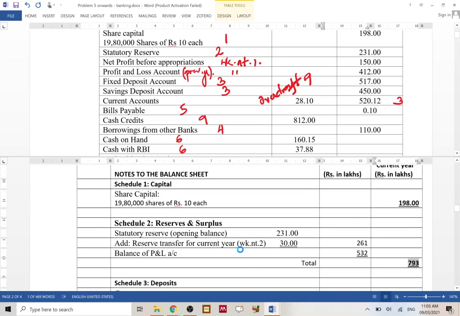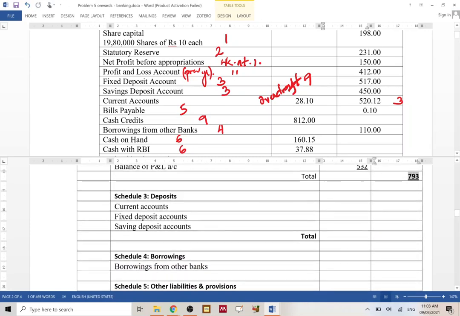Done. So these two, reserves and surpluses and the share capital, first two schedules are done. Next, let's start posting the rest of the amounts. What do we have here? Fixed deposit account 517 in a column, I'll write. Then savings deposit account 450, and current account credit balance, that is of deposits, that goes under schedule 3, is 520.12.